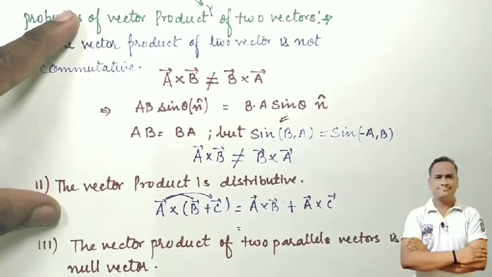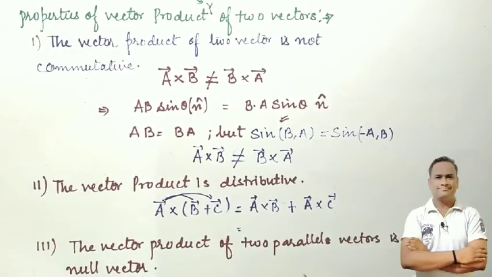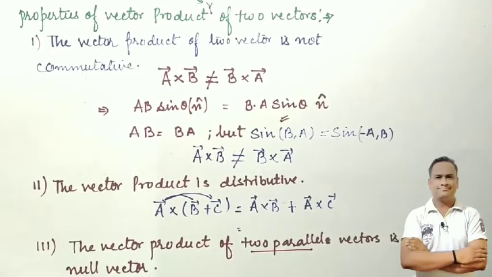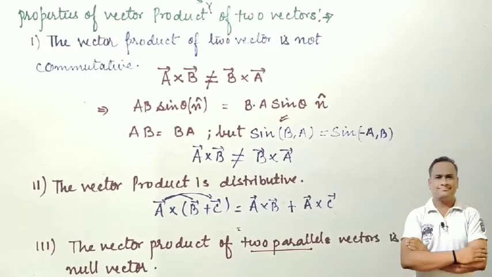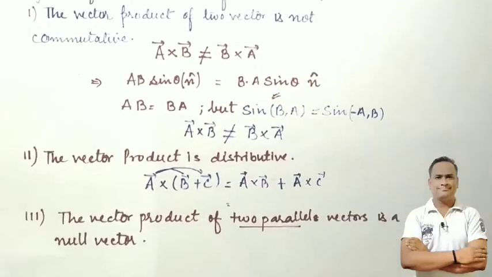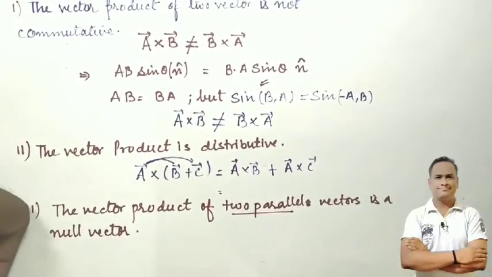When we say two parallel vectors, what does it mean? It means that the angle between the two vectors is 0 or 180 degrees. So what will be its expression?